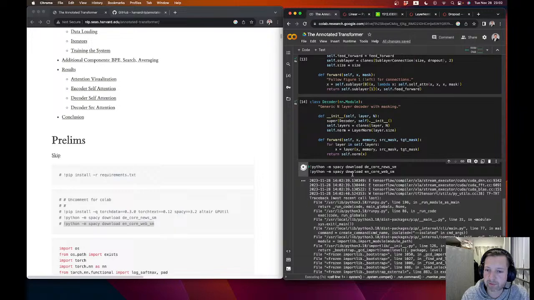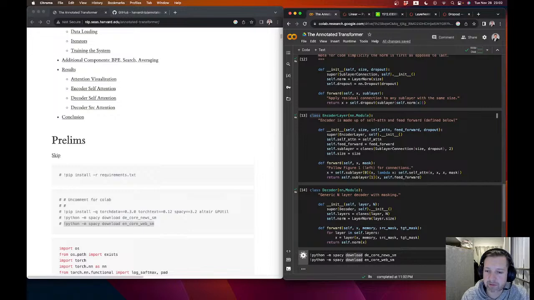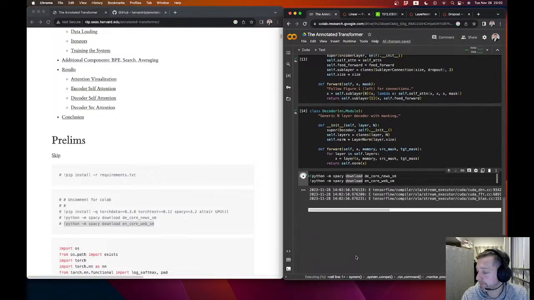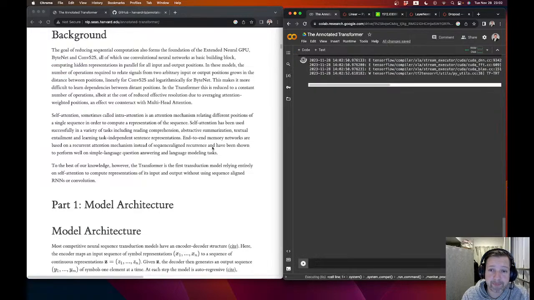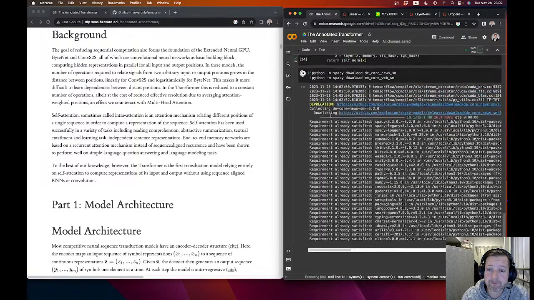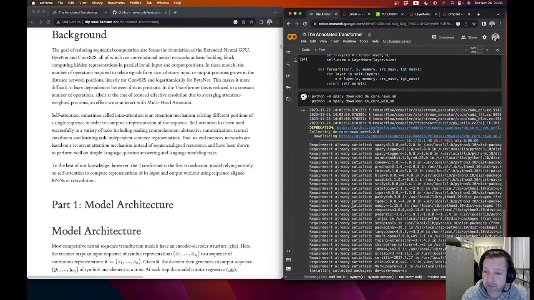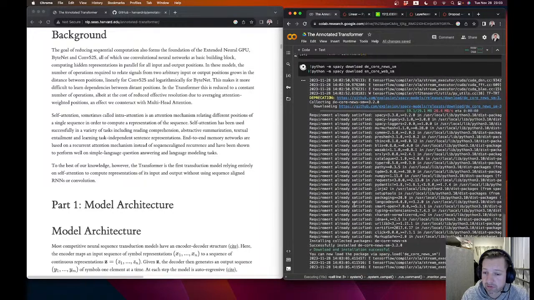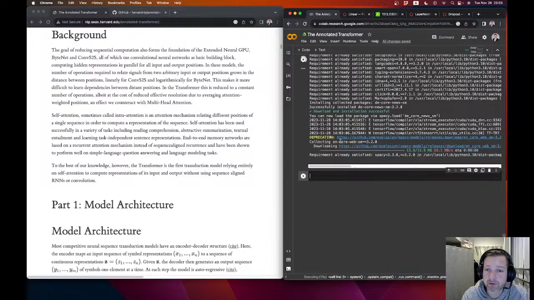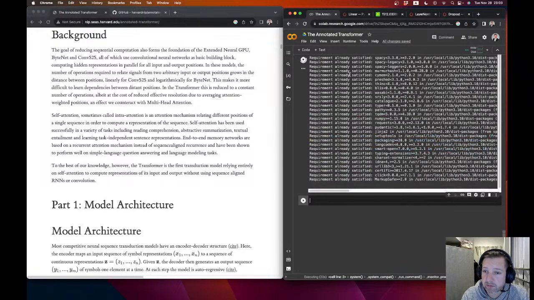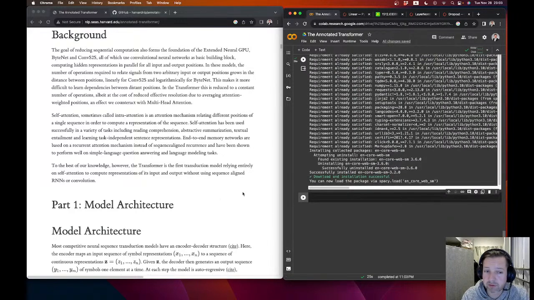Okay, let's do this again. What is this? Well, I guess it's loading the packages. Okay, sure. It's still running. Yeah, got all the packages.